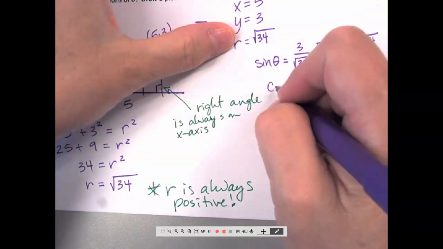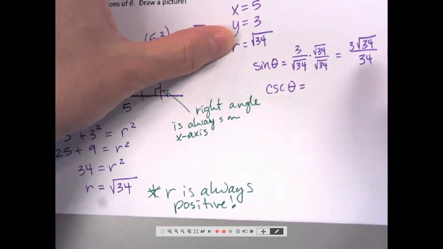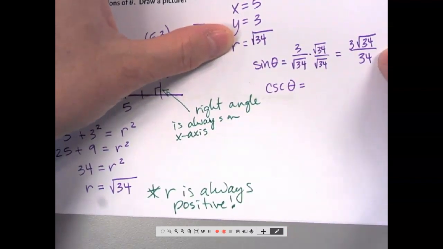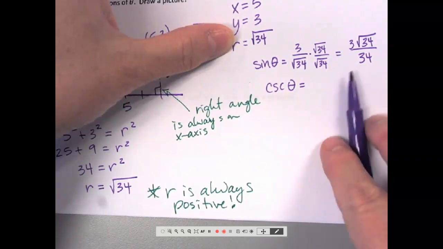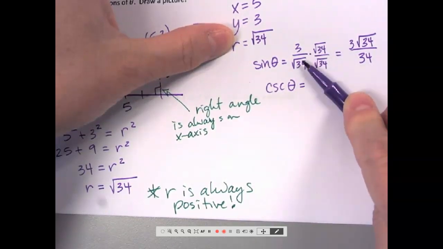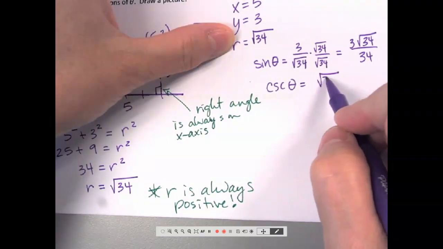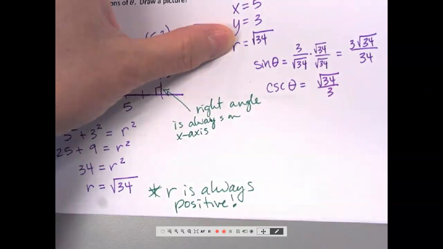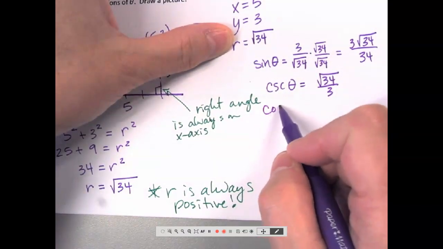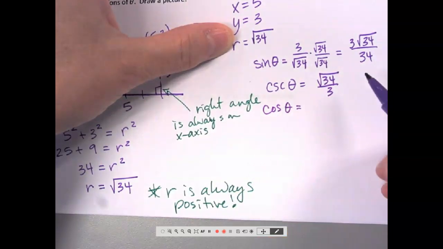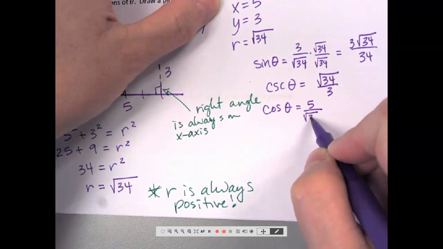Let's go ahead and do cosecant. It's the reciprocal of sine. I don't want to take the reciprocal of this fraction because then I have to re-rationalize. I'm going to take the reciprocal of the first one I wrote. So I'm going to put the r over y, and then my work is done. Cosine is x over r, 5 over square root 34.